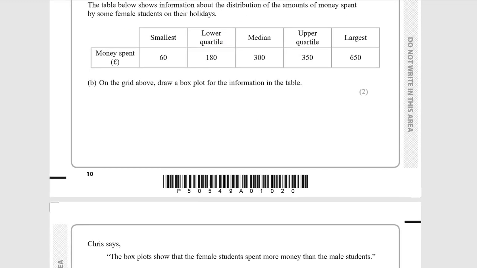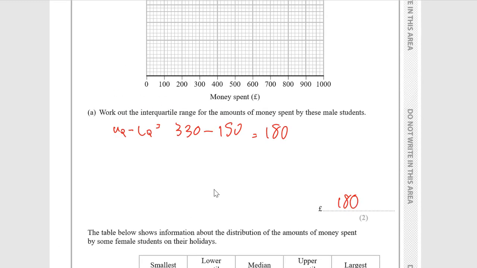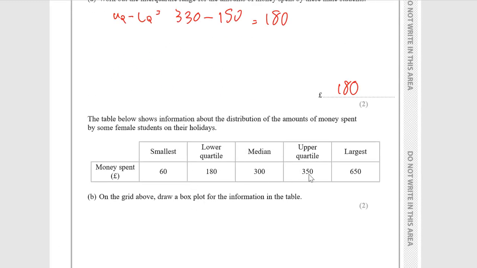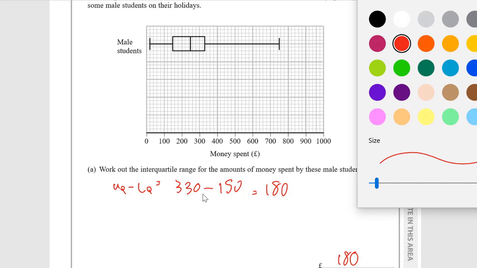Then part B says on the grid above, draw a box plot for the information in the table for the female students. So let's just basically plot all of these. Now I don't have, again, a very precise hand, but essentially we've got 60, which is about here.